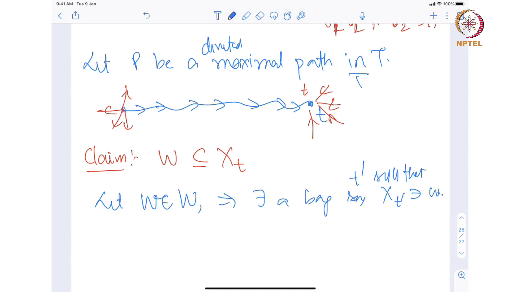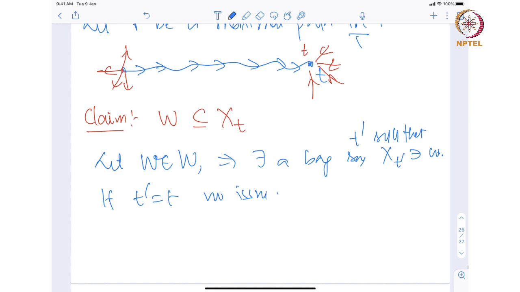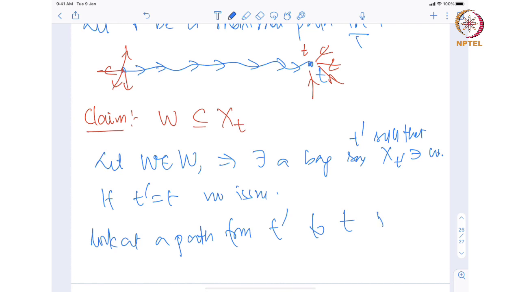So if t prime equals t, no issue, because w is also there. Otherwise, look at a path from t prime to t in T, not in the oriented tree. So now let us look at this path.